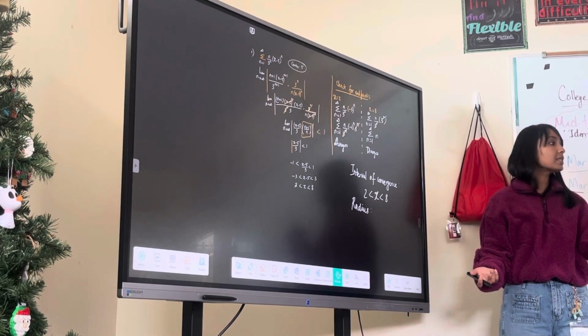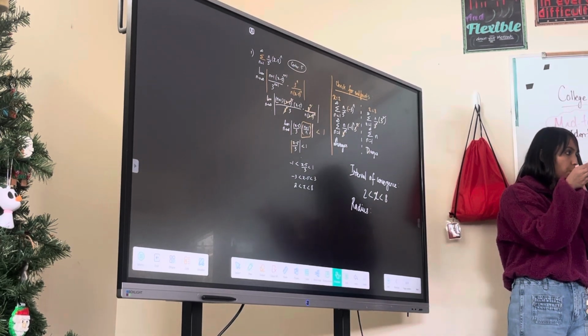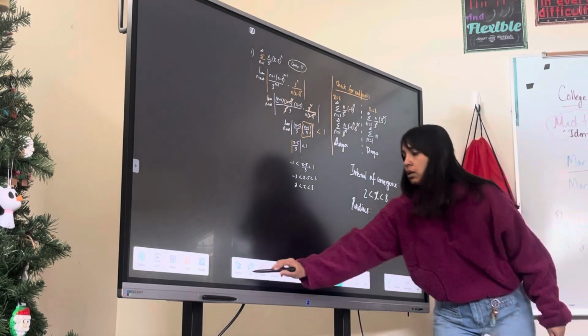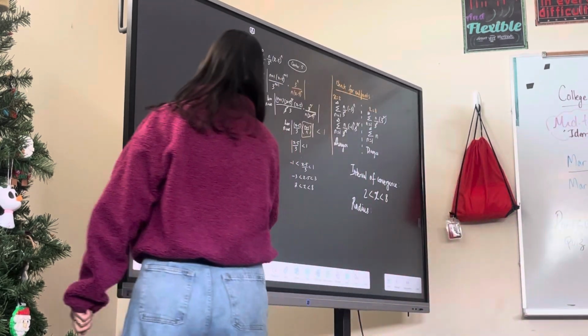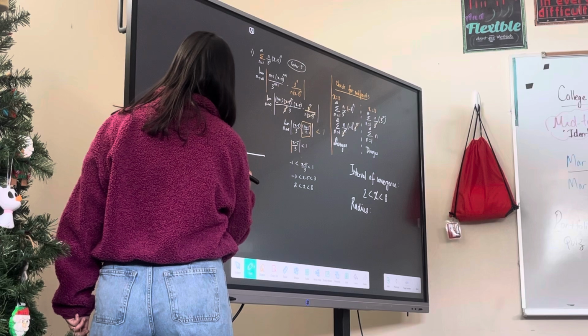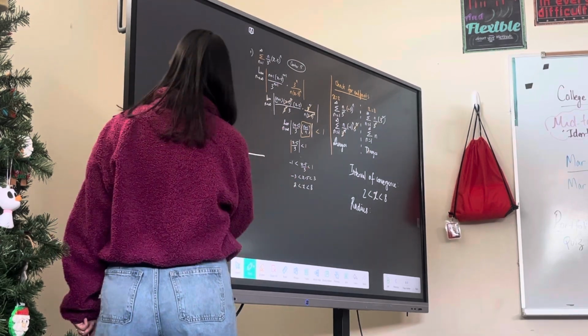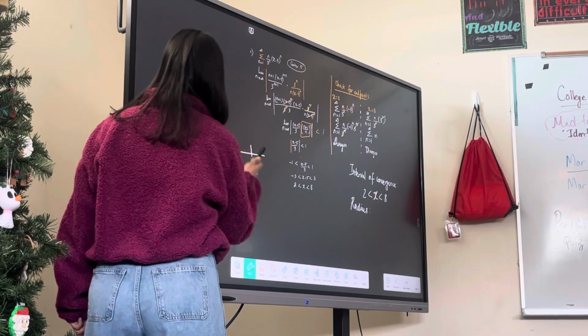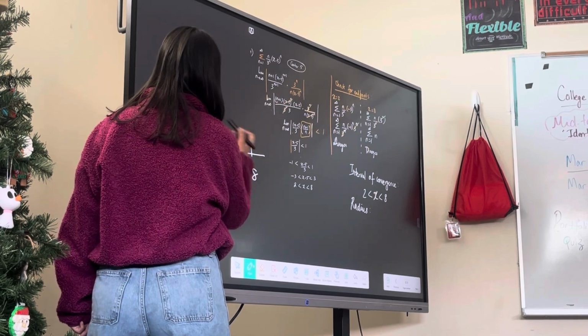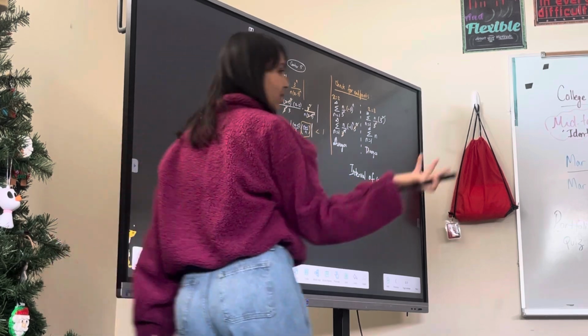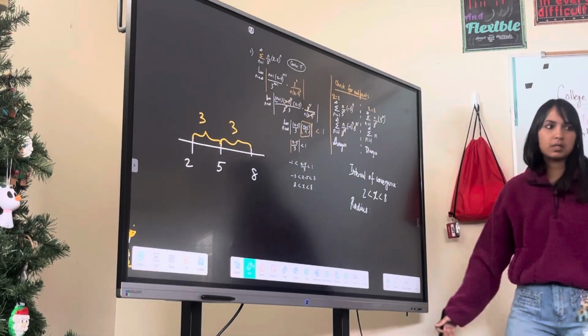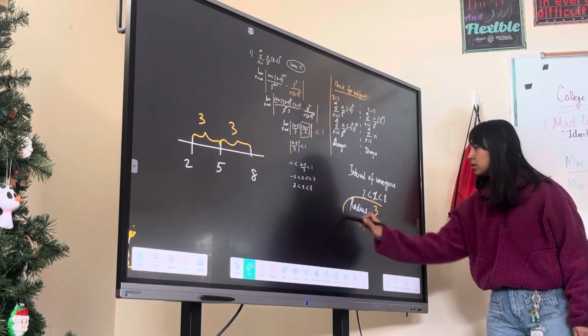It's the distance from the center to the endpoint. If I do it on the number line, this is the center 5. The endpoints are at 2 and 8. What's the distance? 3. The distance has to be the same from the center. So the radius is 3. Okay?